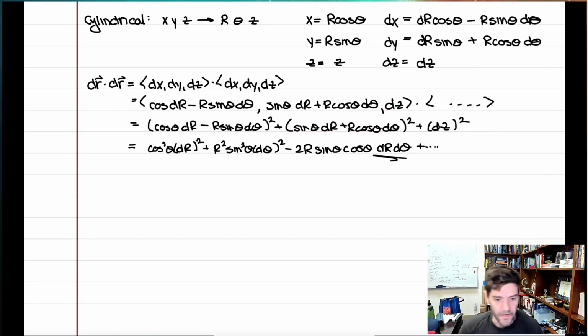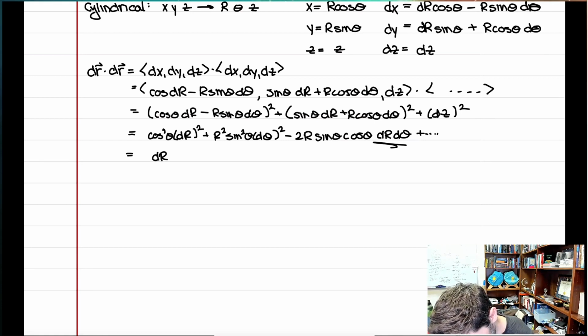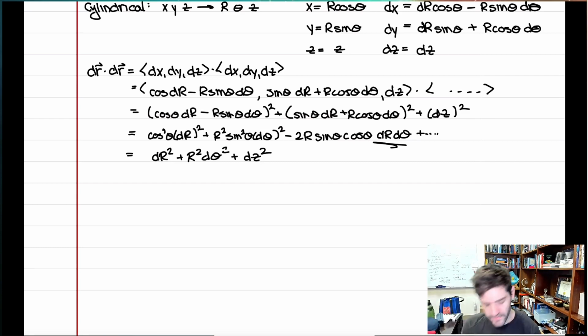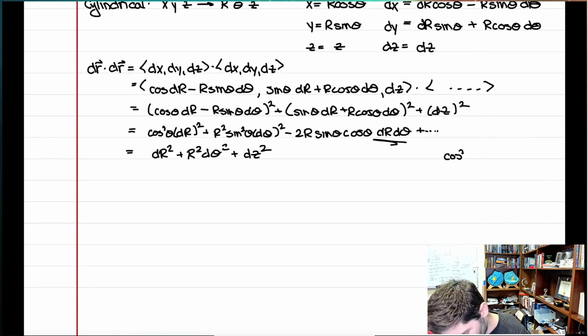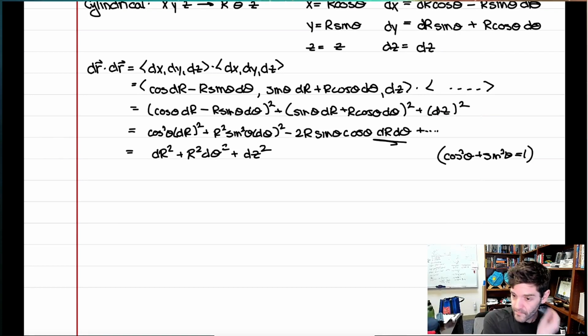These cross terms, it turns out, end up canceling out. And at the end of the day, also remembering that cosine squared plus sine squared equals 1, you end up with something that looks like dr squared plus r squared d theta squared plus dz squared. Here I had to use the Pythagorean identity as well when I was doing this proof.